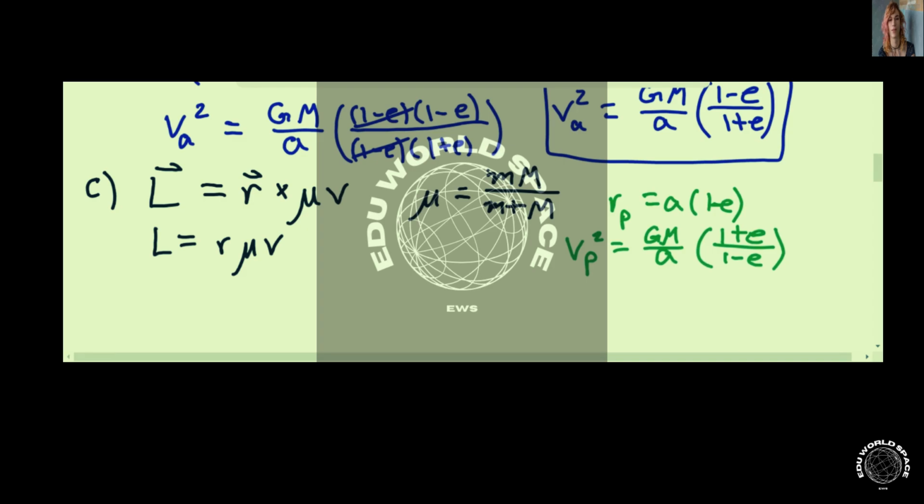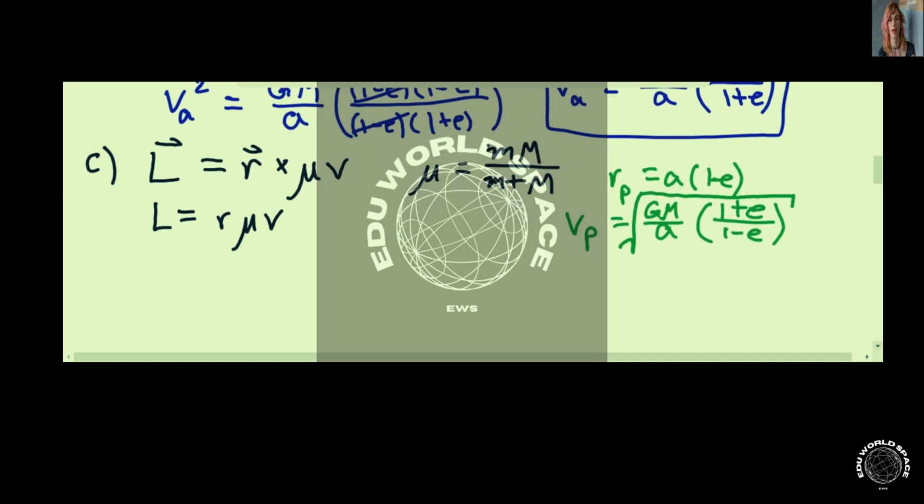In our equation, we want v just like regular old v, not v squared. So we'll erase the squared here by square rooting both sides. So that's the formula for Vp.